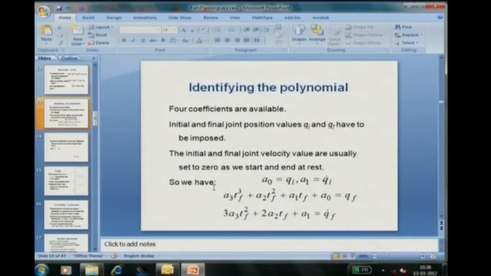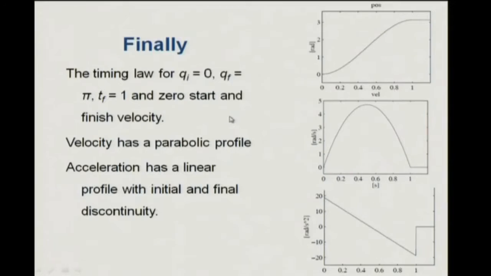Essentially A0 is qi, A1 is qi dot, and then you write this, instead of t you put in tf. So, you get qf here, then again put this, you get qf dot, solve for it, right. So, you can get all 4 coefficients and you know the polynomial.